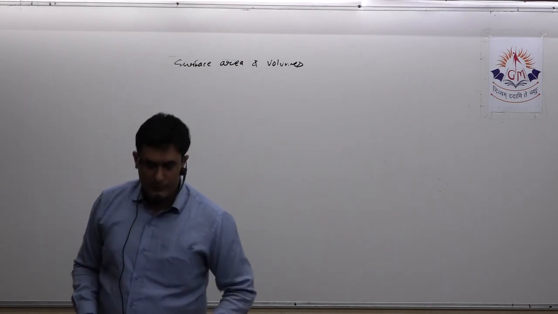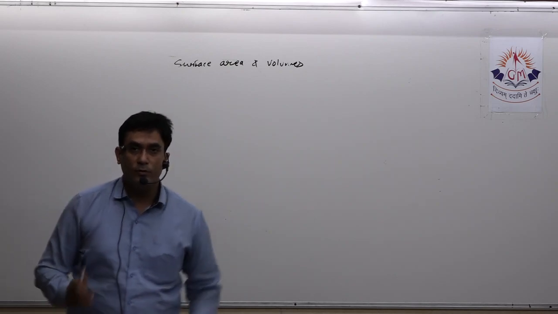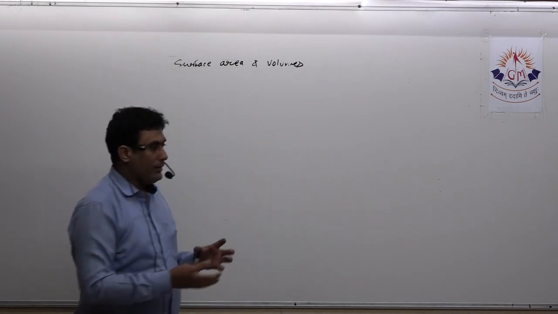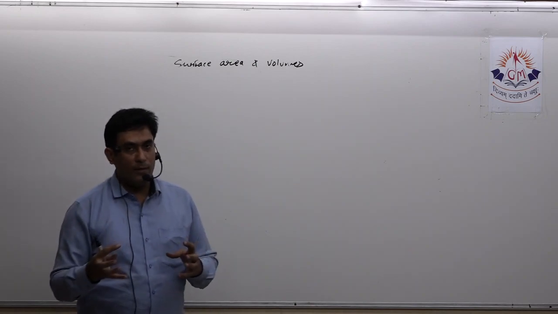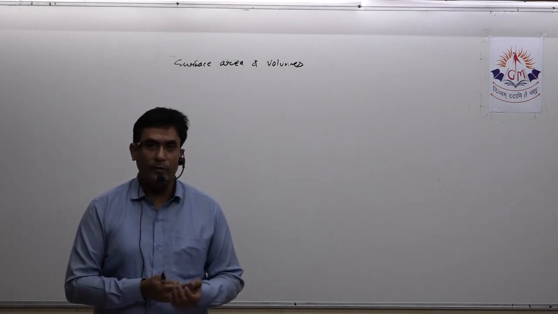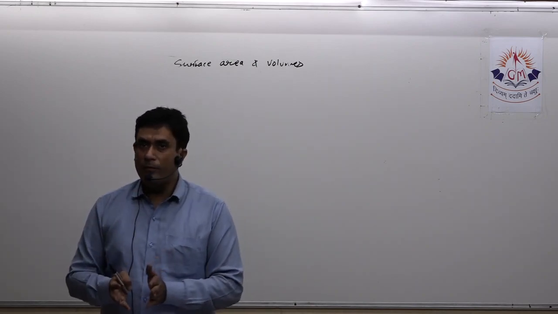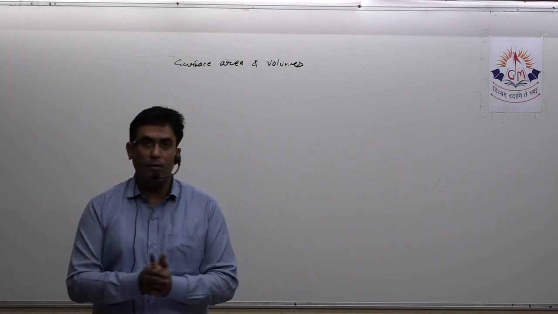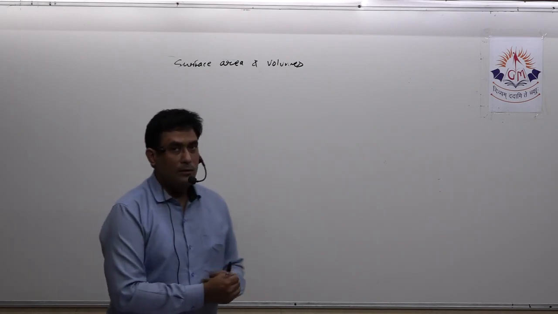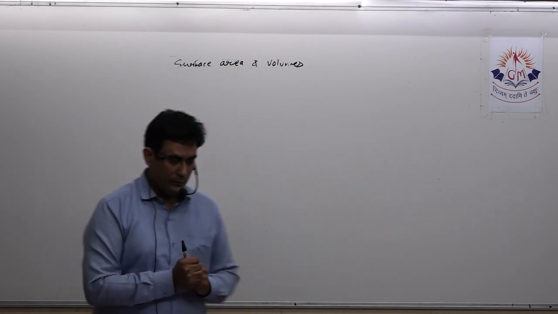Generally in your exam they do ask questions on the combination of solids. That means if two shapes are joined in a particular way, then what will be the volume of that combination, or what will be the total surface area of that combination.